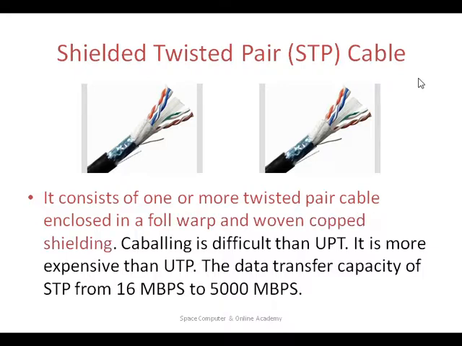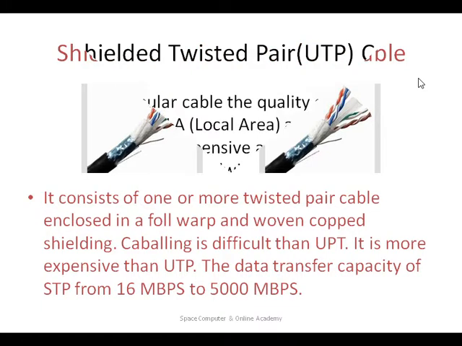Cabling is more difficult than UTP. It is more expensive than UTP. The data transfer capacity of STP is from 16 Mbps to 5000 Mbps.